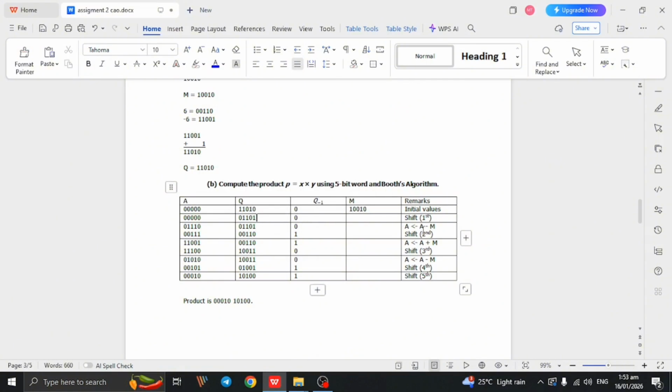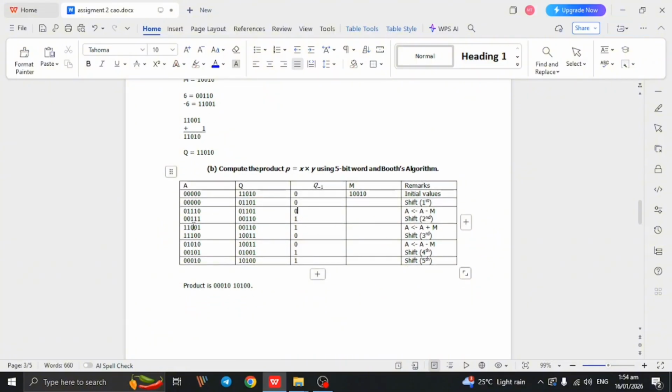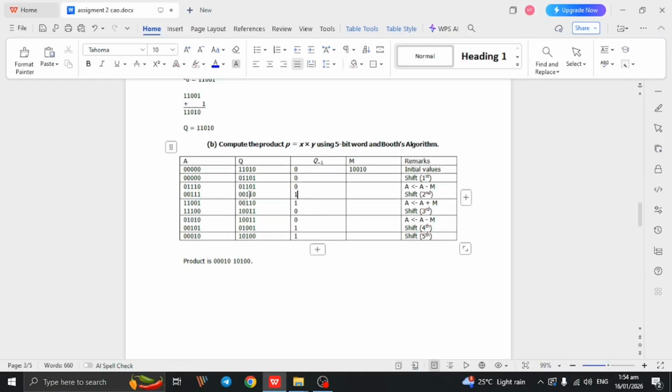So we subtract M from A and get 01110, and then this stays the same, and then we shift to the right. So this becomes 00111, this becomes 00110, then this becomes 1 because we shift to the right.